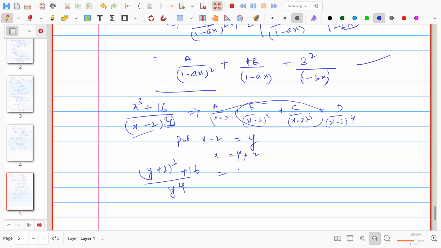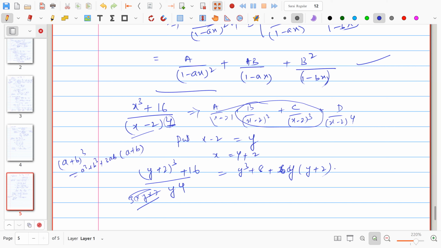Okay, and the (a plus b) whole cube formula is a cube plus b cube plus 3ab, that is 3 into ab into the bracket (a plus b).